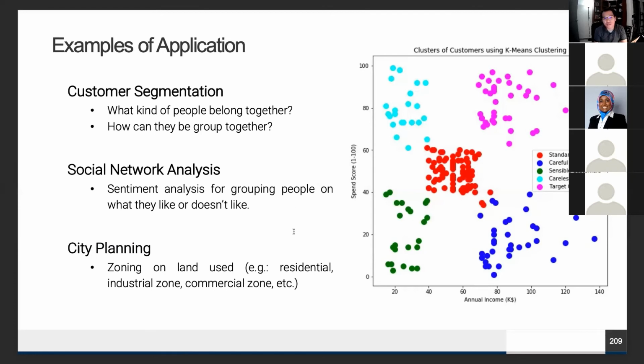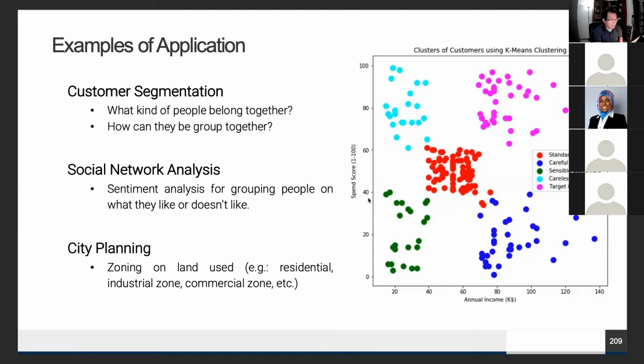So you see here, in this dataset, there are two measure metrics we use. First is annual income, and then spend score. The spend score is not based on spending 1,000 a month or 2,000 a month, but on a scoring.